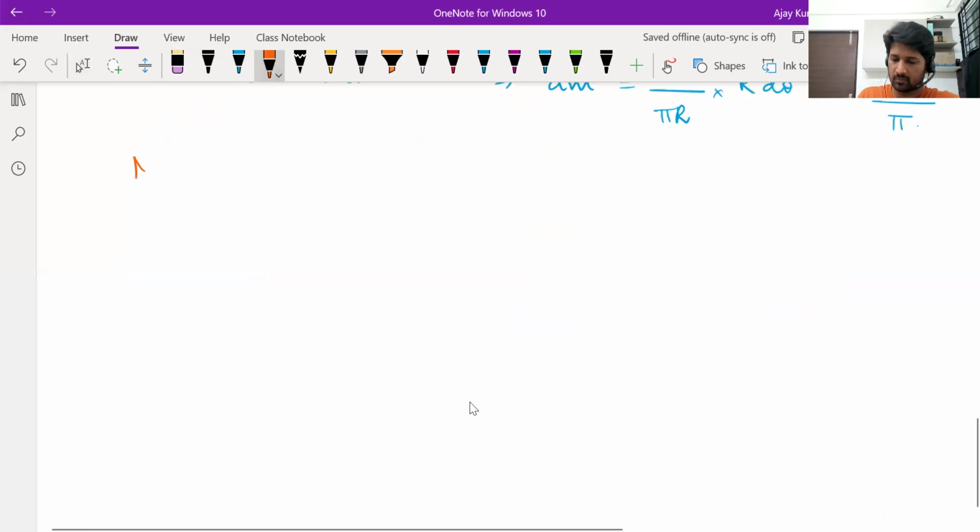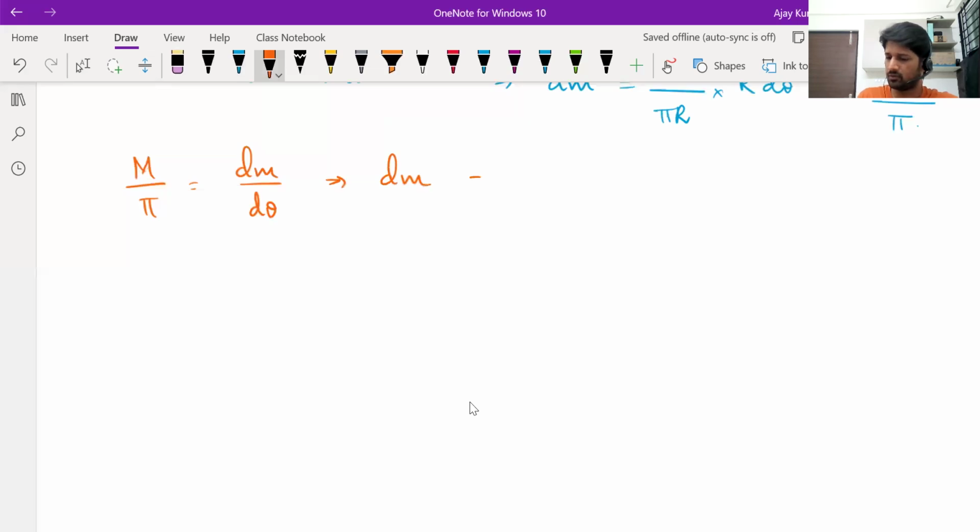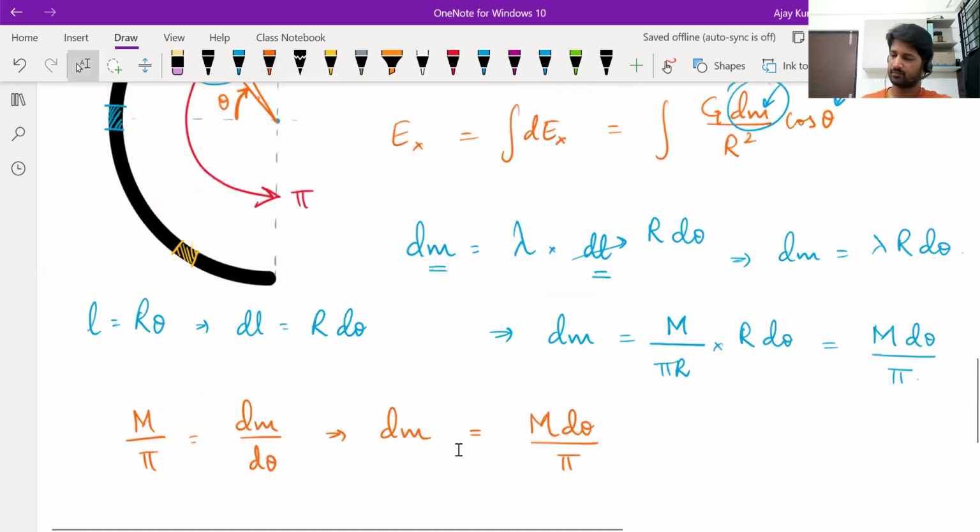Total mass by total angle is equal to small mass by the small angle subtended by it. This way also you will get dm is equal to m d theta divided by pi, which is the same as we got by writing mass in terms of length. So there are two ways you can do it. In terms of angle, it is much easier.